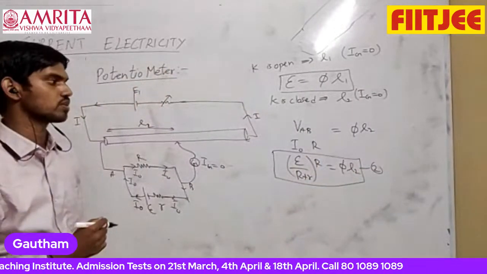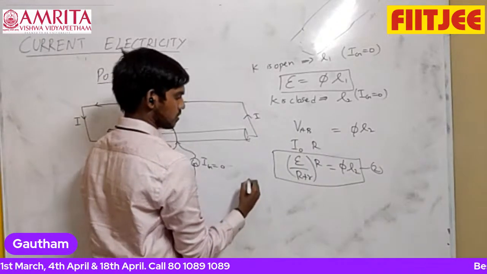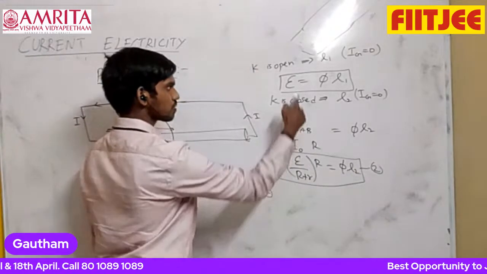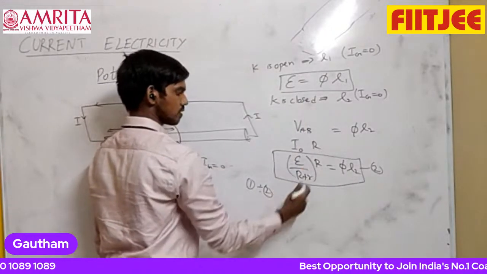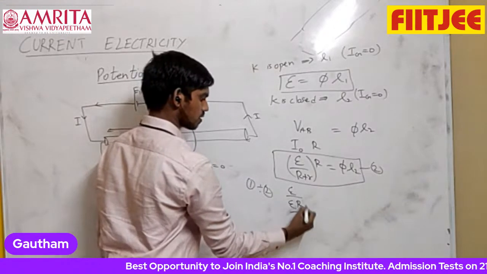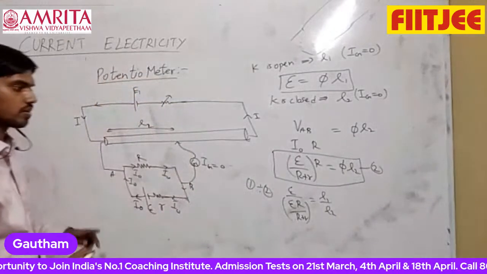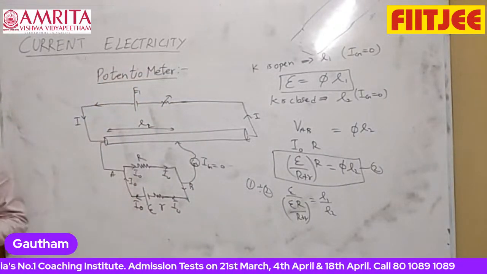That formula also you have to remember. So equation 1 divided by equation 2: E into R divided by R plus r is equal to L1 by L2. So the final result will be, I'll write that here.